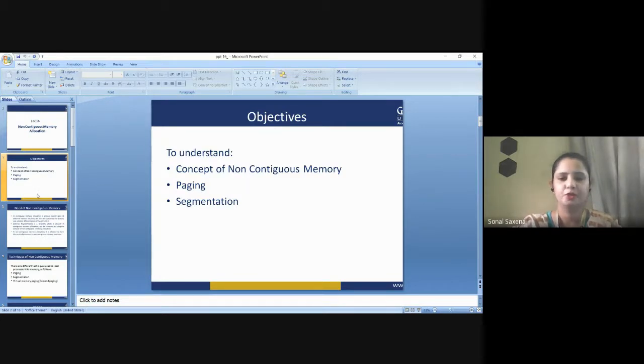However, it may not be possible to cover segmentation today, so I am going to cover the segmentation part in tomorrow's lecture as well. In this lecture, I'm going to cover the non-contiguous memory concept, and we'll see what paging is and how it is executed inside the operating system. This is our main topic for today's lecture.